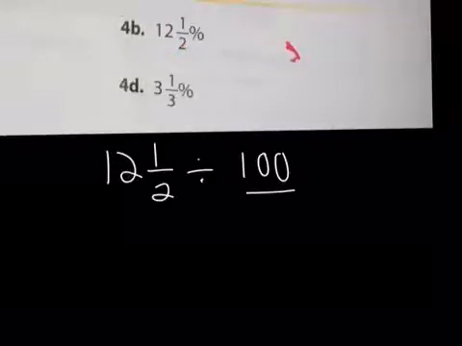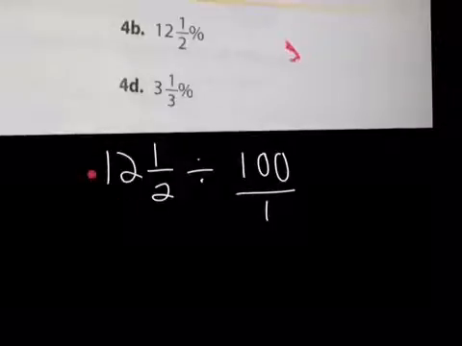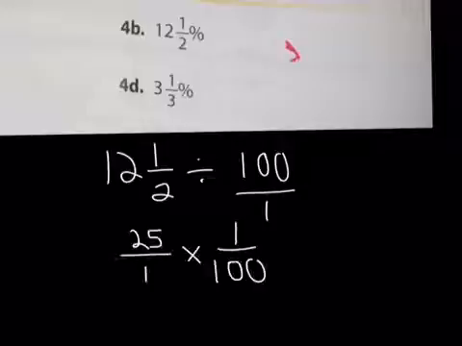Okay, let's do the same with 12 1/2 divided by 100. And remember that it's 100 over 1, right? And then let's change the mixed number into an improper fraction. So 2 times 12 is 24, plus 1 is 25 over, oops, not 25 over 1, it's 25 over 2. Little mistake I made there. We'll change that to 2.